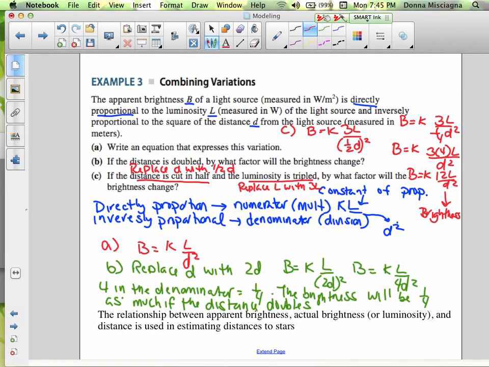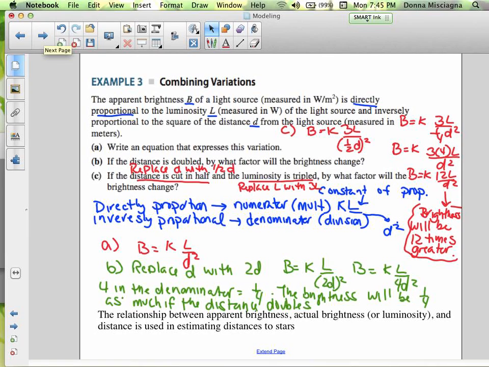Brightness will be 12 times greater if we triple the luminosity and decrease the distance by D. And that makes sense. If you're closer to a light source, it's going to be brighter. If I increase the luminosity, increase the wattage, it's going to be brighter, right?